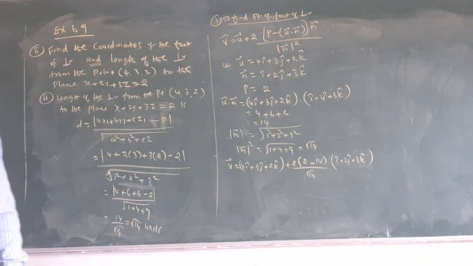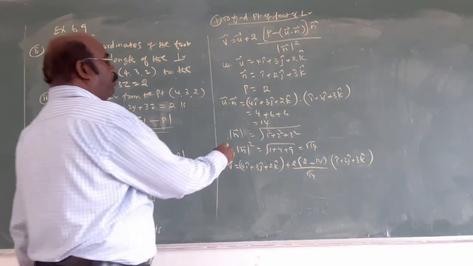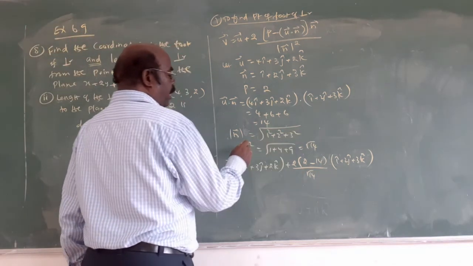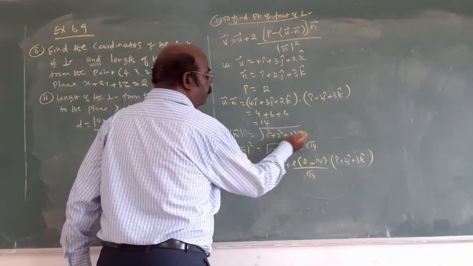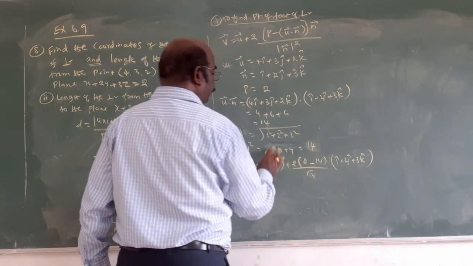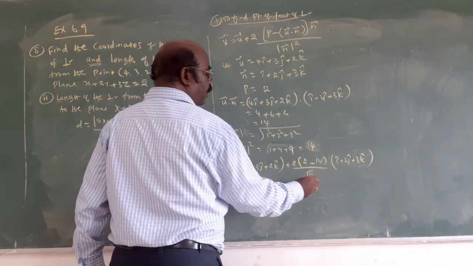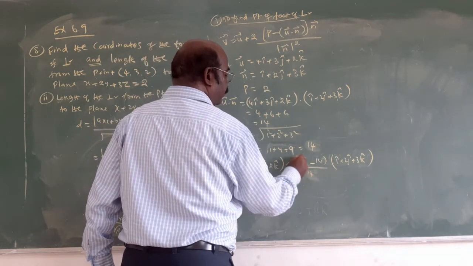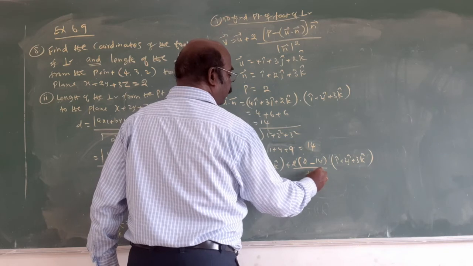In this way, you want to simplify afterwards. Actually, modulus of N is this one. Squaring and the root will not come. Only 14. Can you see? 7.